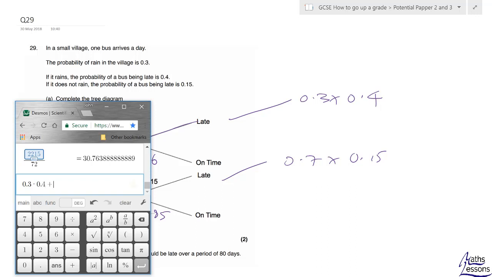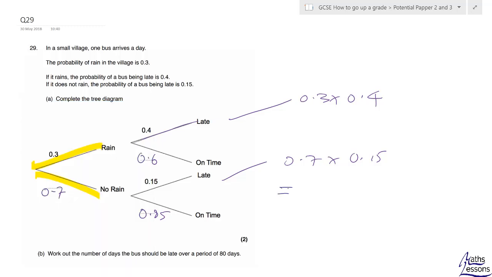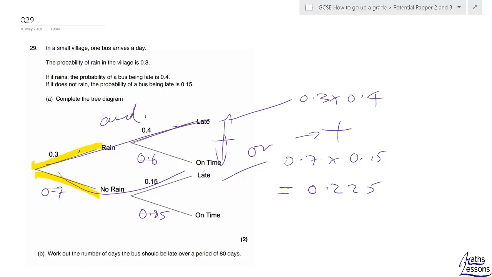Plus 0.7 times 0.15, get to 0.225. Okay, we times along the branches and we add up down the ends, because these are that and that. So when you have an and, you times, and this is this or this, and or we add situations.